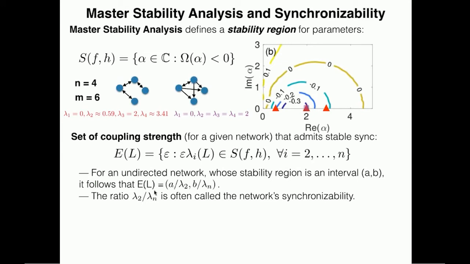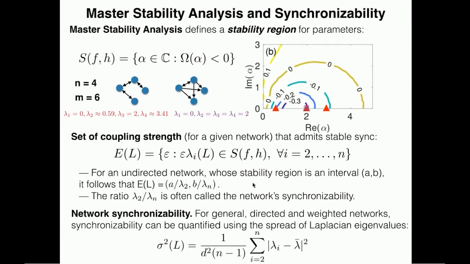For that reason, this ratio of lambda 2 to lambda n is often called the network synchronizability for undirected networks. For directed networks, the story is a bit more complicated because the eigenvalues may be complex. In one of the papers by Takashi and Adiusa, which I'm showing on the next slide, they propose to define the spread, or essentially the variation, of the non-trivial Laplacian eigenvalues as a way to quantify synchronizability, not only for undirected but also in general for directed and weighted networks. The idea is that if the eigenvalues are spread out too much, then it's very hard to tune the coupling strength to synchronize the network.